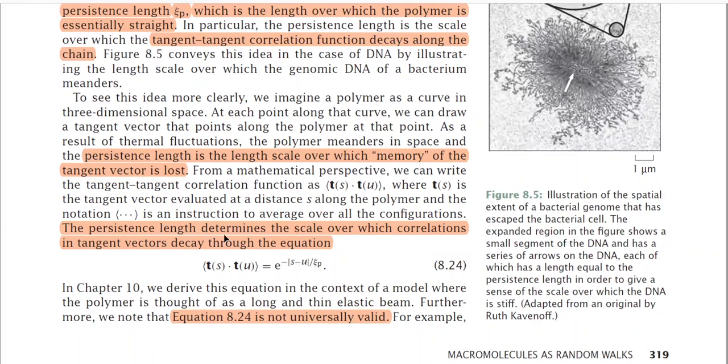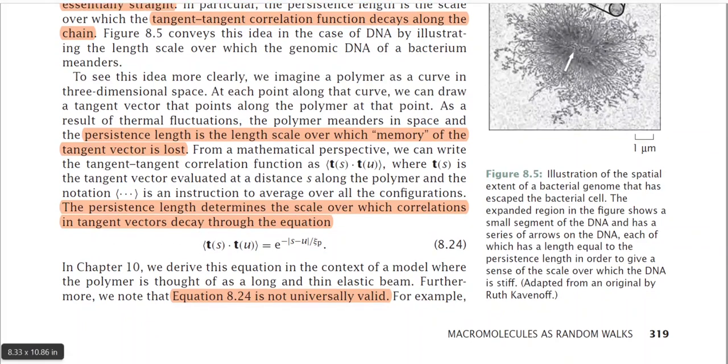The persistence length determines the scale over which correlations in tangent vectors decay through the equation <T(s) · T(u)> is equal to e to the power minus |s minus u| divided by epsilon p. So this correlation function can be approximated in the form of this particular exponential function.